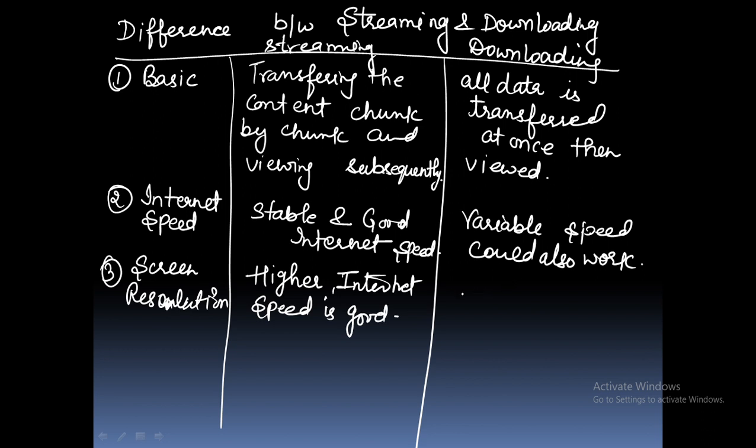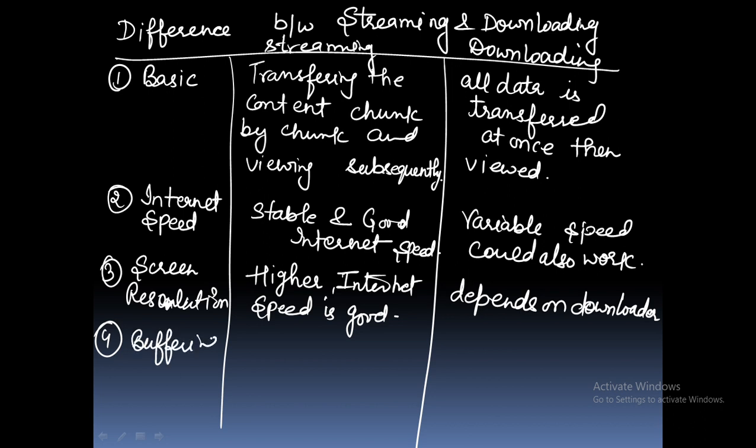In downloading, screen resolution depends on the downloader. The fourth difference is according to buffering. In streaming, buffering is present, but in downloading, no buffering is present.